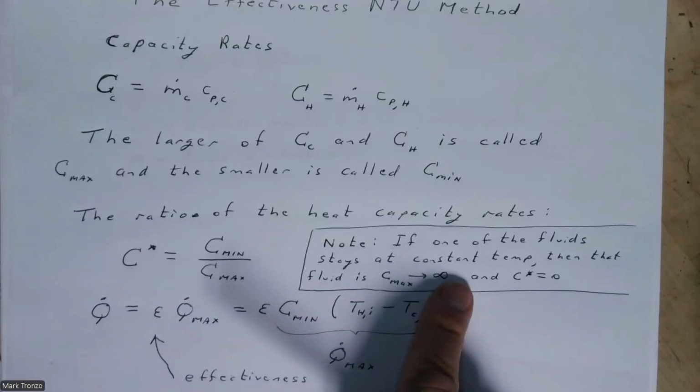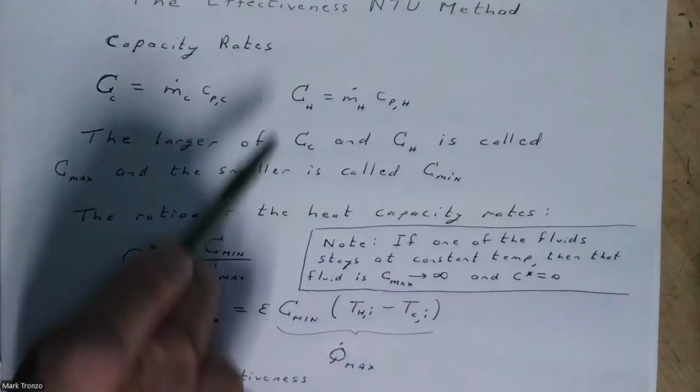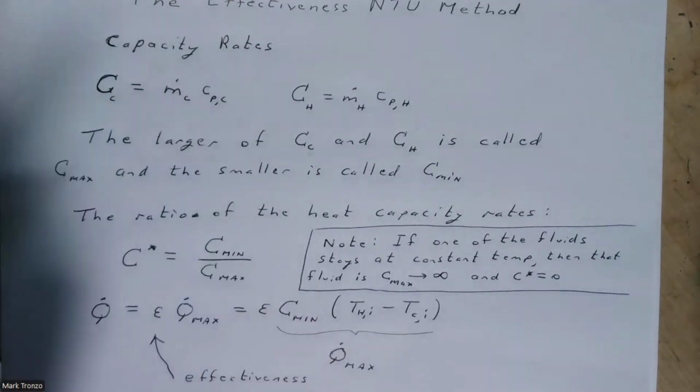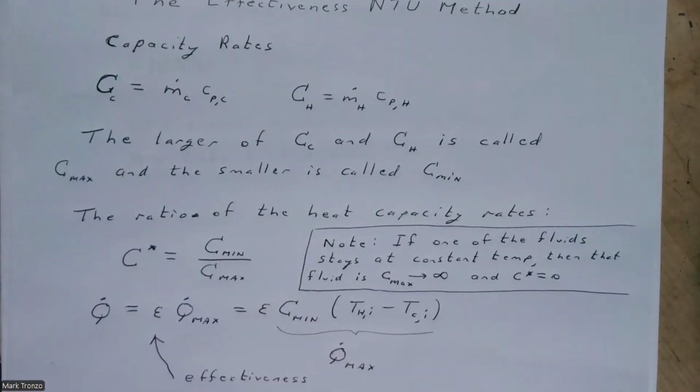Again, if you don't have something at constant temperature, the C min and C max are all calculated this way.